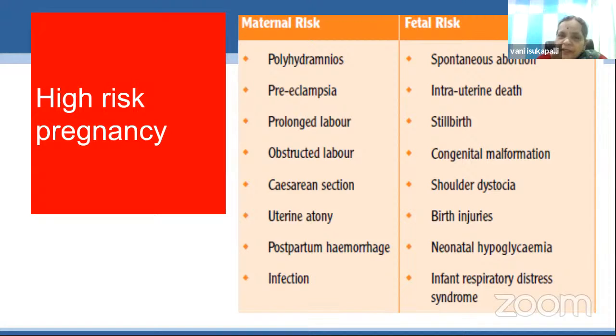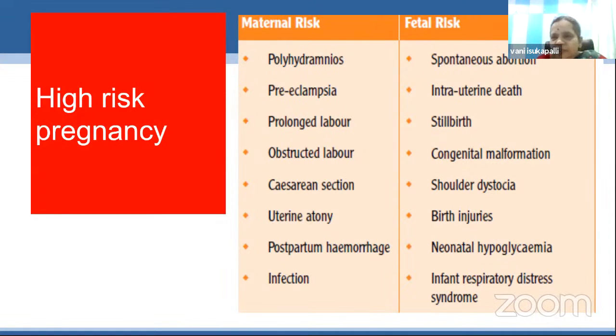Because it's a large baby and prolonged labor, there's always a chance of uterine atony, therefore atonic postpartum hemorrhage, and later on sepsis or infection. So these are some of the few important things I've mentioned regarding the maternal complications.